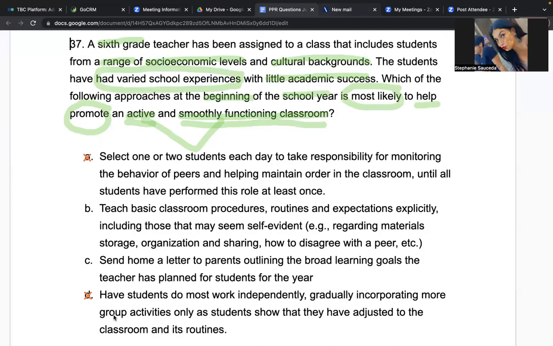The option says having them do most of their work independently, gradually incorporating more group activities only as students show that they have adjusted to the classroom and its routines. I mean, that happens through practice of the routines. Teaching, modeling, practicing of the routines.